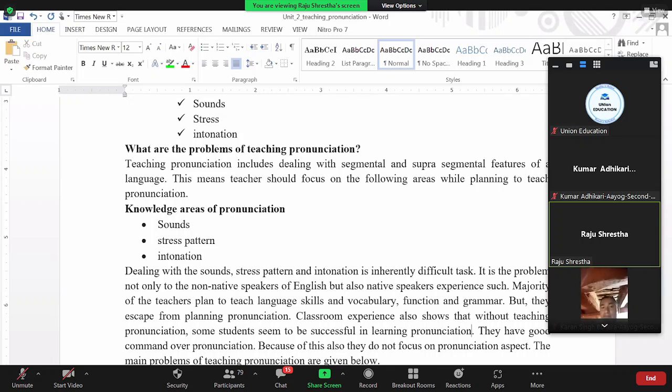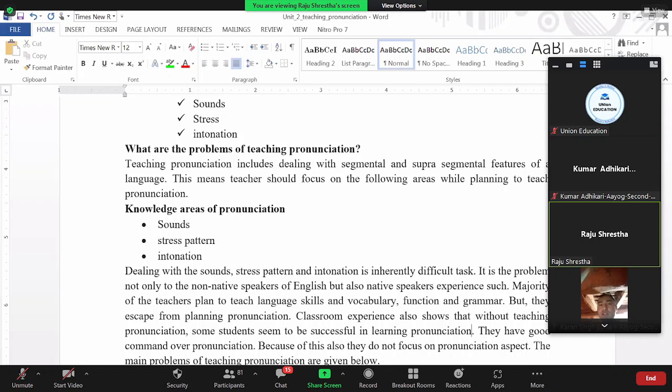Some students have good command over pronunciation, but we are not teaching them. We have not taught, but some of them pronounce well. Without formal teaching of pronunciation, if students can learn pronunciation, why should we teach?